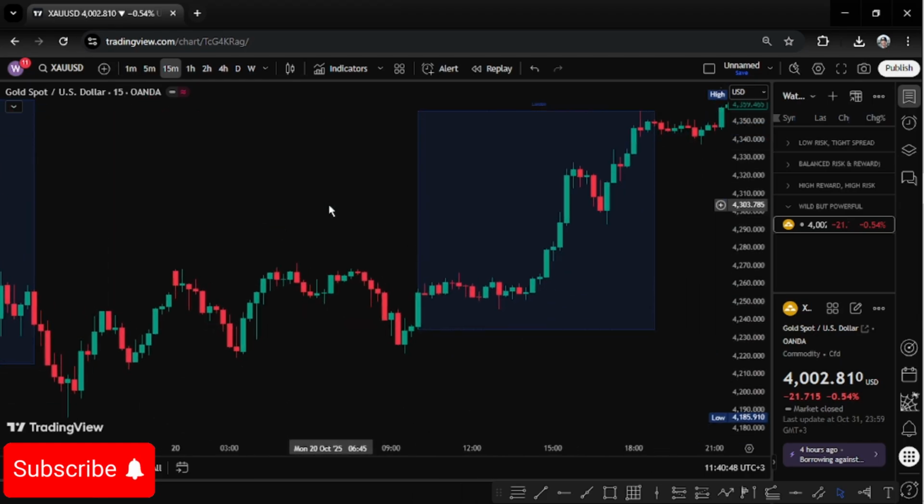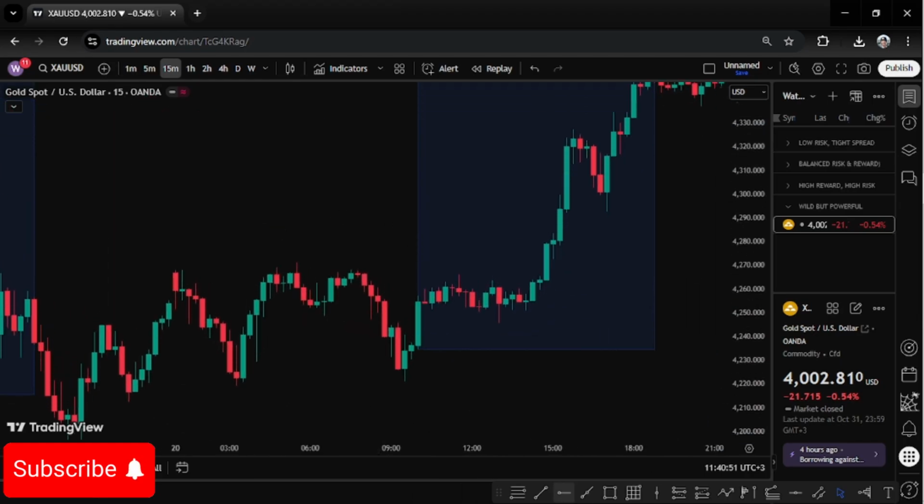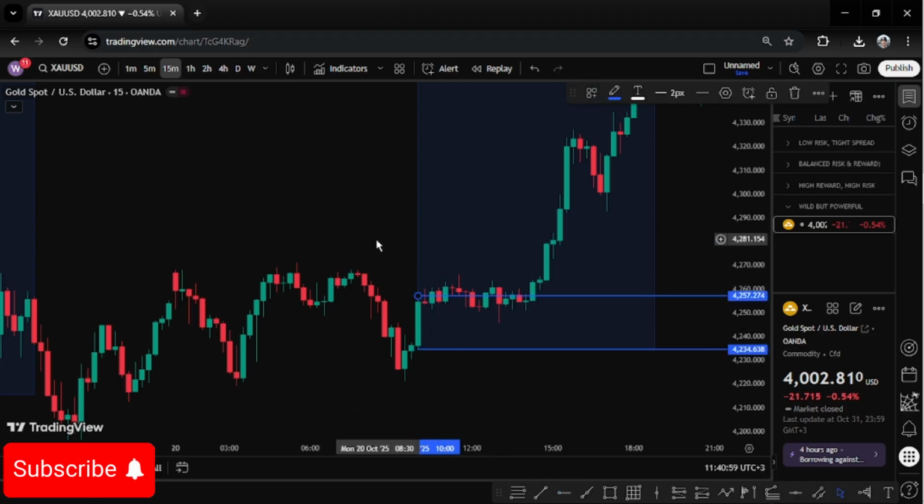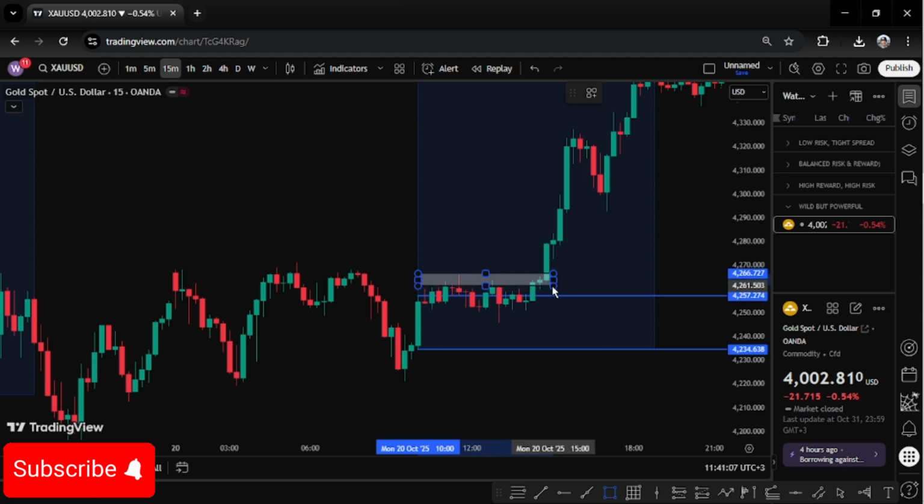Okay, so let's check out another example. Mark the first 15 minutes candle. Okay, then we wait for a breakout of whichever side it breaks out, and then we have our entry.